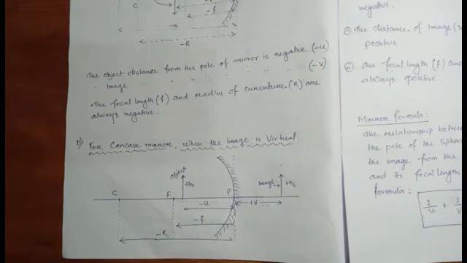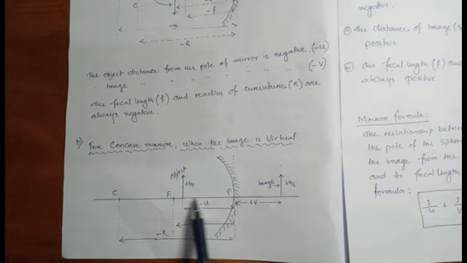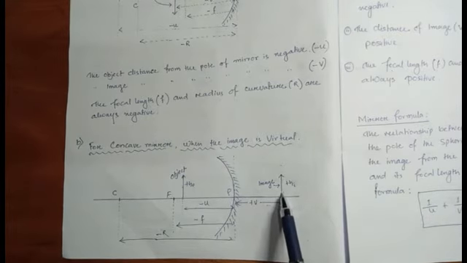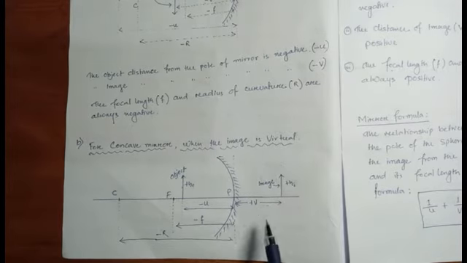So while measuring the distance of this object and image, we see here the object distance is minus u, because you are measuring this distance of the object from the pole in the left direction. And while measuring the distance of the image from the pole, it is in the positive direction, that is plus v.